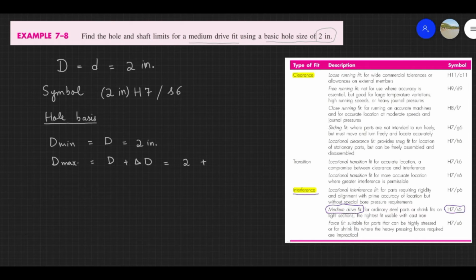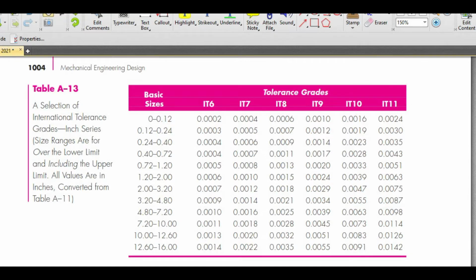And since this problem is in inches, we will use the table in inches, that is the table A13 from the book. And before going to the table, remember that the IT grade for the hole is 7, IT 7. So now we go to the book, and here you have this table A13, which is the same as table A11, except that it is converted into inches.